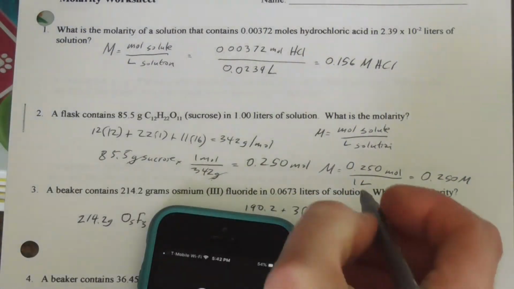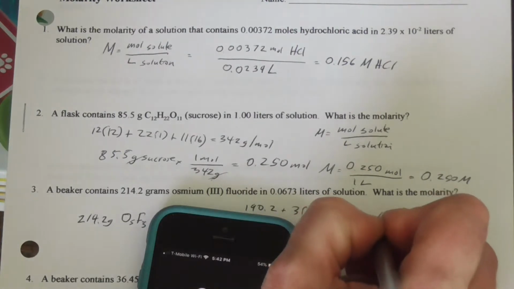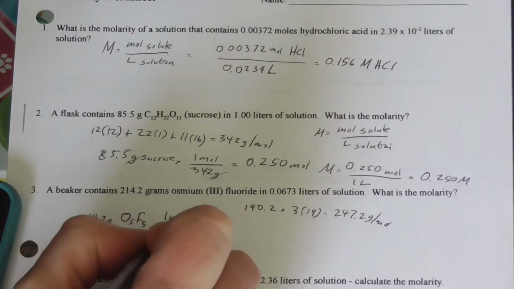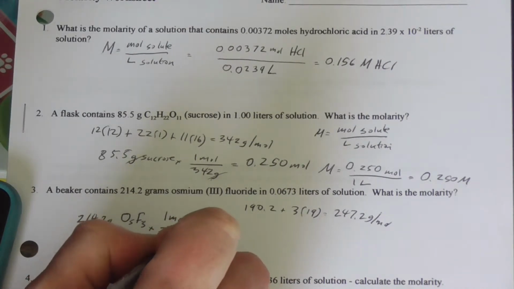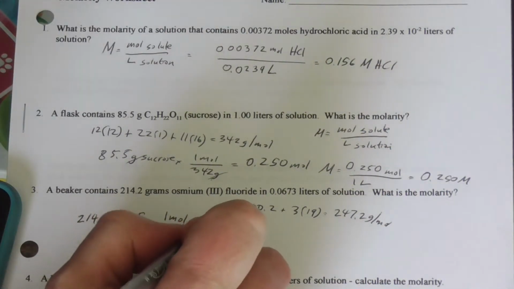which gives me 247.2 grams per mole. So now I can transform this into moles by canceling out my grams.